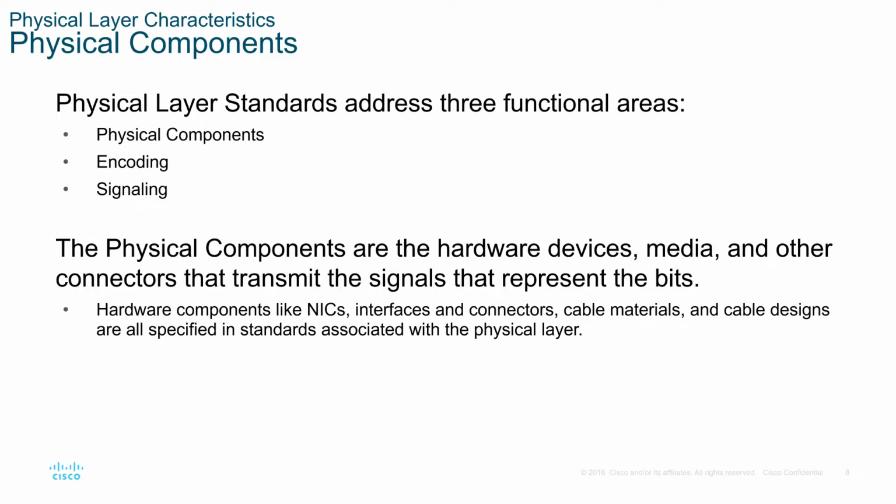The encoding techniques that we may use, and there are many types of encoding techniques. And how do we signal? How do we signal that we are going to send data? How do we signal that it is the end of the data? So physical components, encoding, and signaling all take place at the physical layer.